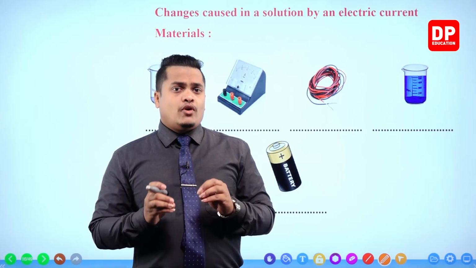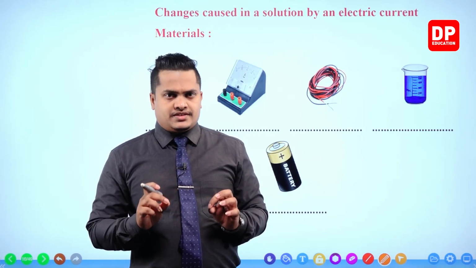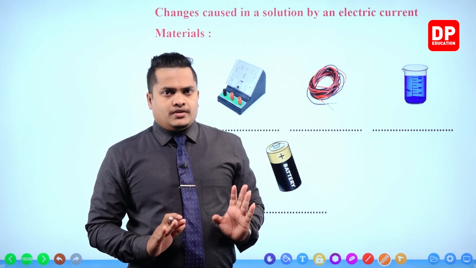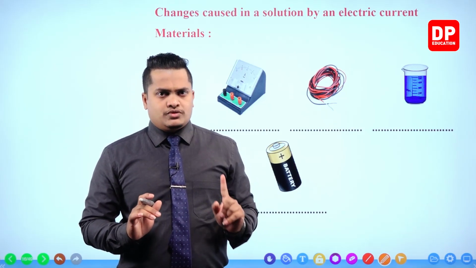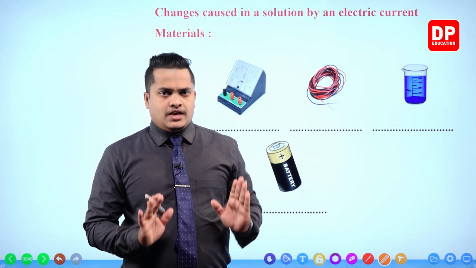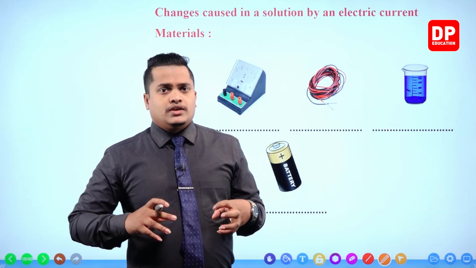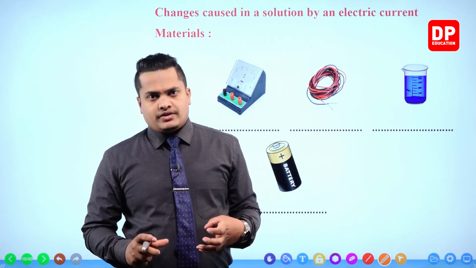We'll be mainly focusing on those things in this chapter. You are given an experiment, and within this experiment we'll be using our first type of electrolyte to identify the observations that happen within an electrolyte when providing electricity.